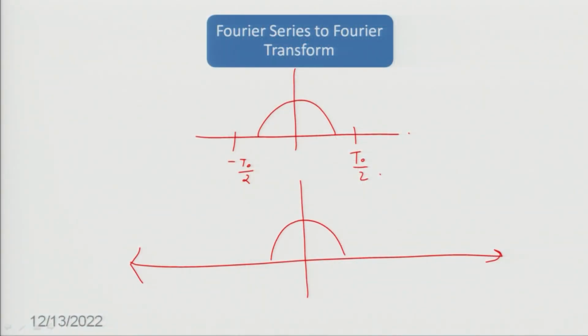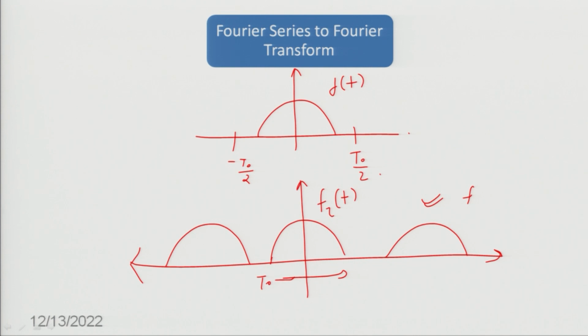If this signal was periodic, we would be able to write the Fourier series for this. Suppose the time period is T naught here, here also, and here also. Now suppose we make this time period infinite.